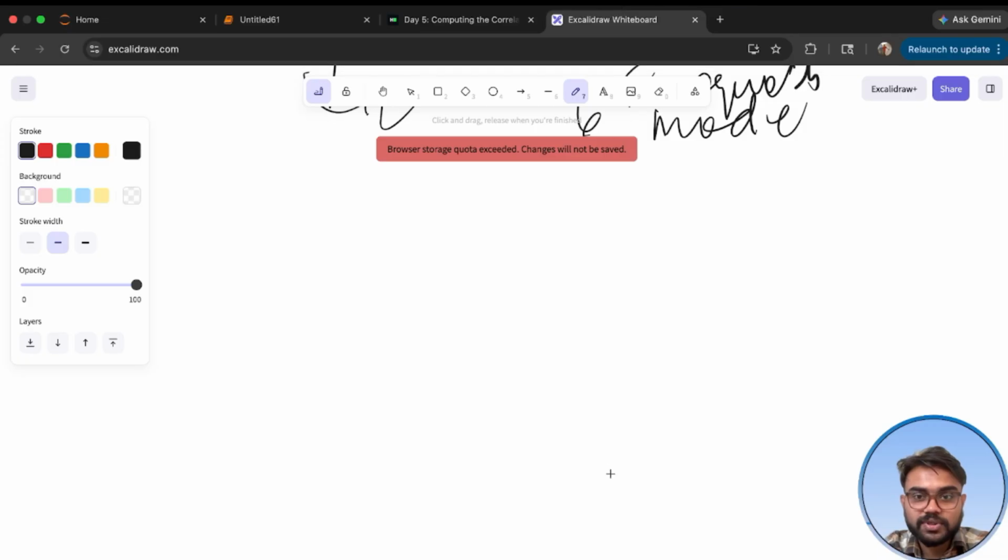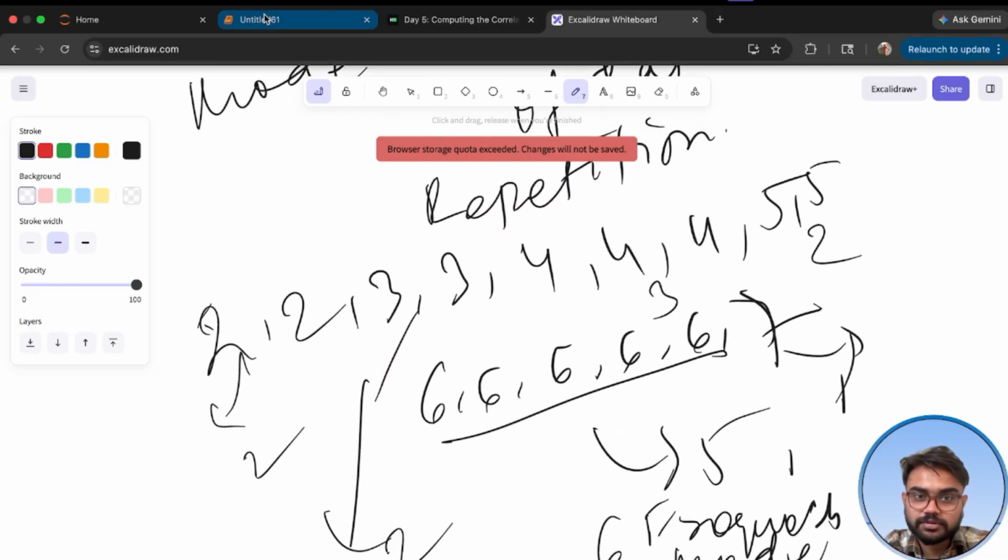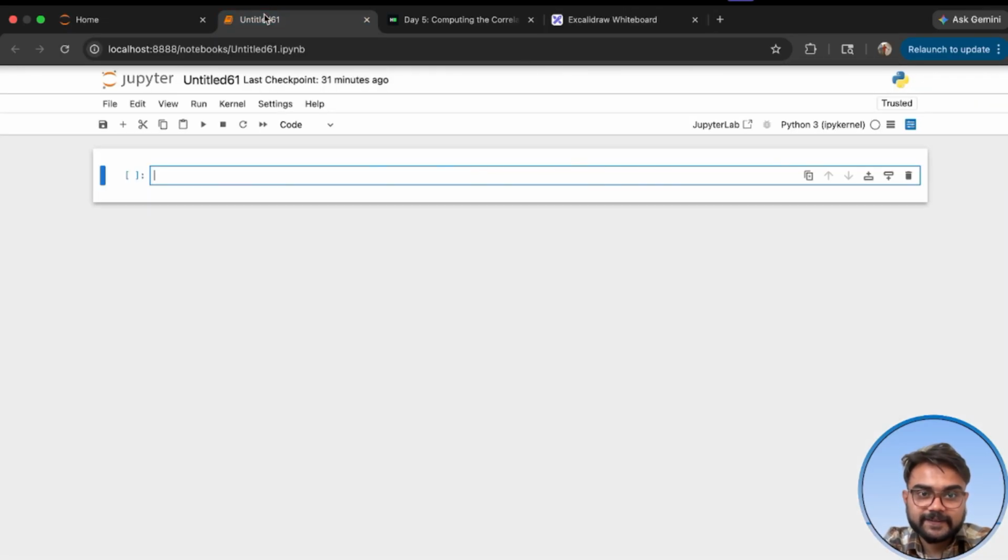If you want to see it with the help of coding, please open the Jupyter notebook, and we are going to take x equal to 1, 2, 3, 4, 5.